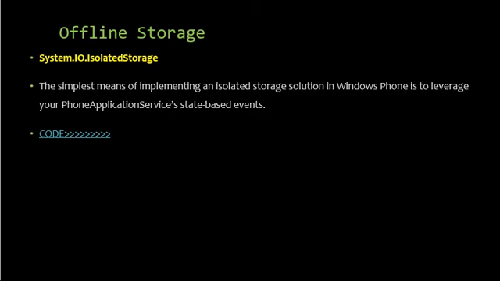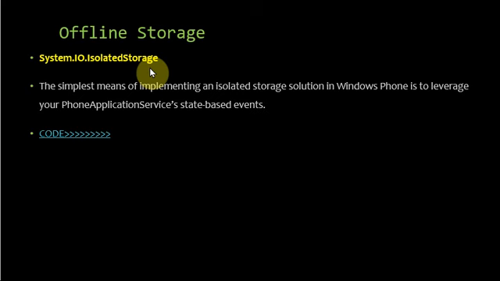Windows Phone 7 has the System.IO.IsolatedStorage namespace, which is used to handle persisting data between the application runs. So here you can store the data between the application runs, in this particular namespace, that is isolated storage.